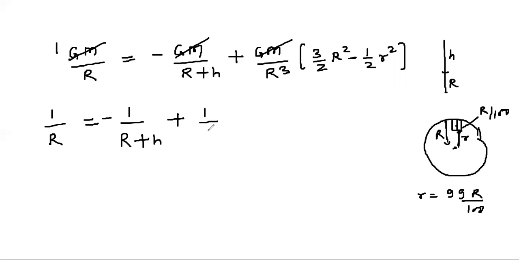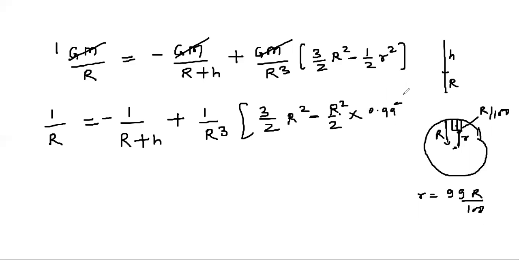So 1 upon R cube, and this will give 3 by 2 R square minus 1 by 2 R square multiplied by 99 by 100 square, that is 0.99 whole square.